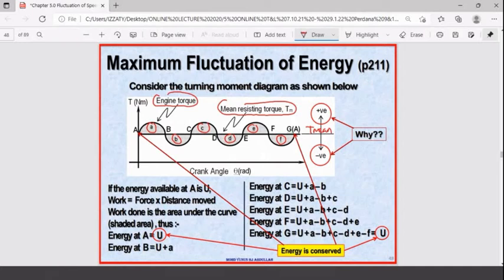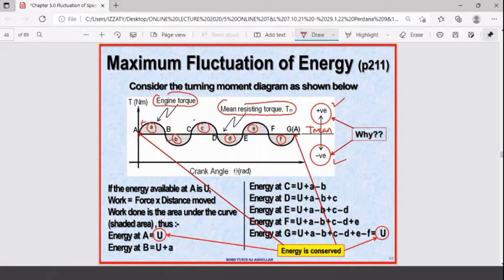Now, it will be fluctuating, as I mentioned earlier, below and above T mean. It is not fluctuating below and above the origin, no, but below and above T mean. We already mentioned that any graph above T mean is positive and below T mean is negative. So keep thinking that this one is positive, this one will be negative, and so on.